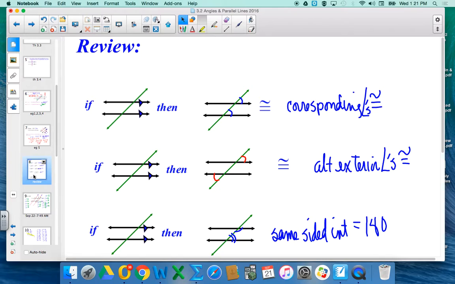If you want to write your postulates and theorems in symbols instead of writing it out, it's perfectly all right, but you need to make sure that your lines have these little parallel symbols. So if parallel lines are cut by a transversal, then corresponding angles are congruent. So these angles are corresponding.